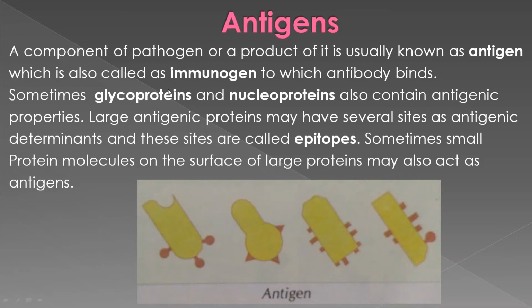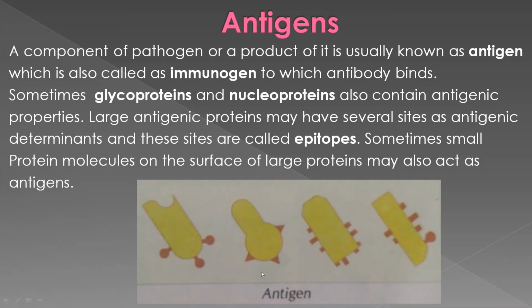Now some glycoproteins and nucleoproteins also have antigenic properties. Some big proteins, glycoproteins and nucleoproteins present in our body also act as antigens. Large antigenic proteins may have several sites as antigenic determinants, and these sites are called epitopes.